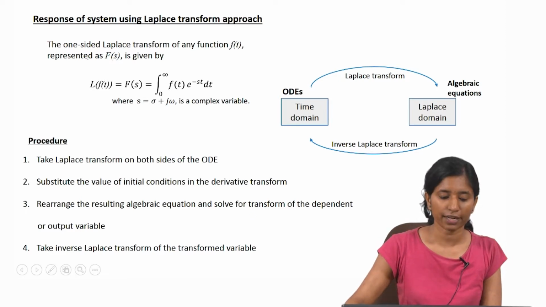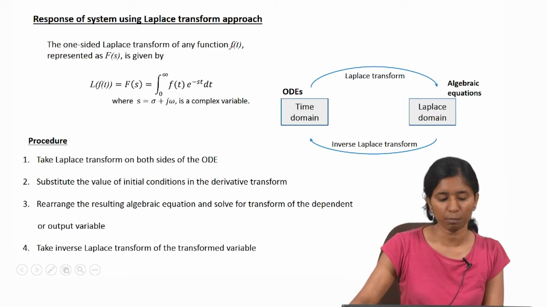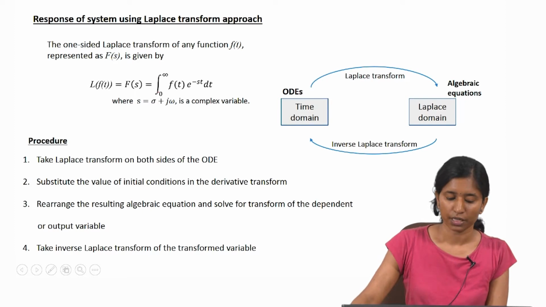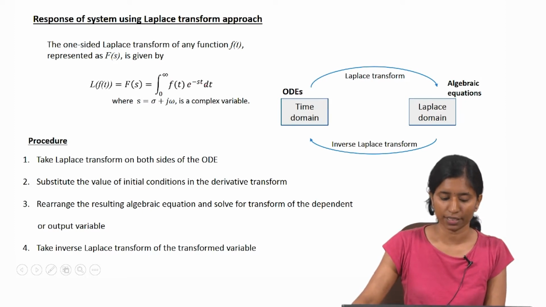The one-sided Laplace transform of a time domain function f of t, which is represented as F of s, is given by L, where L is the Laplace transform operator. L of f of t equal to F of s equal to integral 0 to infinity f of t e raised to minus st dt, where s is sigma plus j omega, a complex variable.